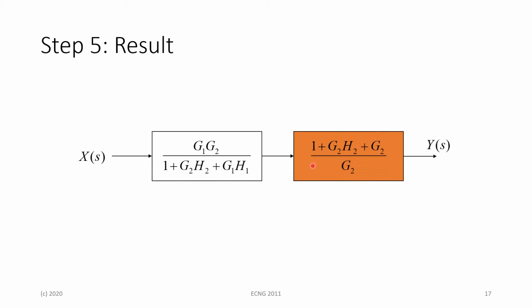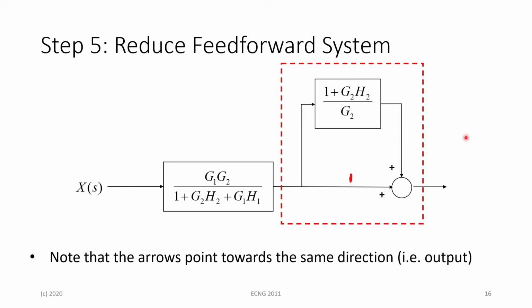Let's actually write out that equation for you to see all this. This will resolve to 1 plus G2 H2 divided by G2.